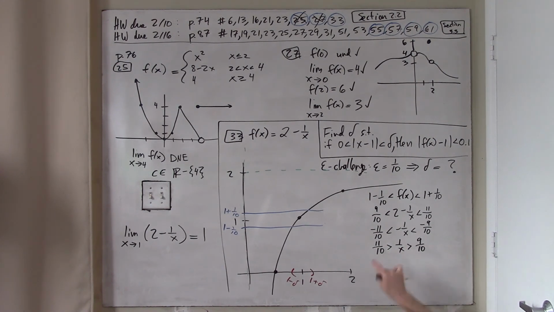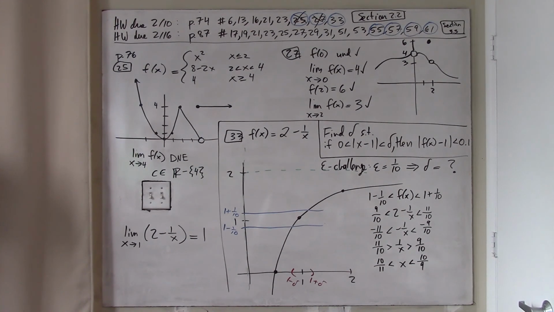Therefore, all three sides of this are positive, and the fastest way to deal with this situation is just to perform reciprocation. If everything's positive, then when you reciprocate both sides of an inequality, you flip the sign, and so what we get is 10/11 is less than x, which is less than 10/9.